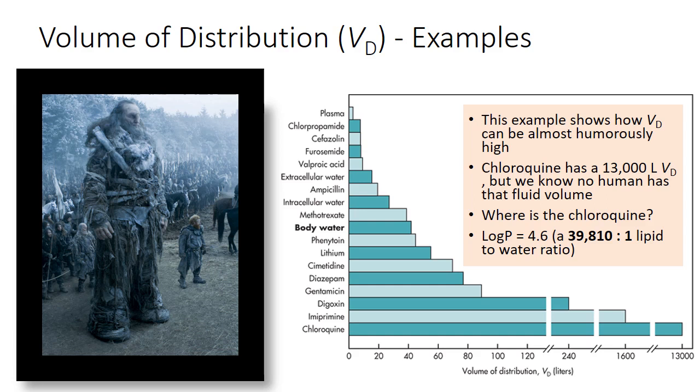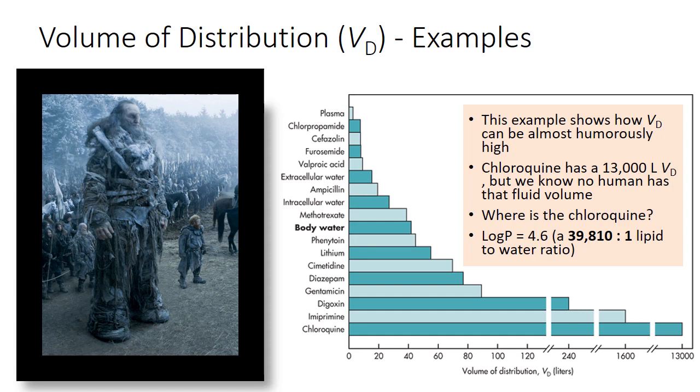So that's why I have this example down here from a popular movie that I hope, well, it doesn't matter, but if you can figure it out, you might find that kind of funny. But I'm saying that if we had a giant, maybe we can achieve that volume of distribution, that would be real. But in a real patient, right, that's not a real volume. So it's really important to understand that.